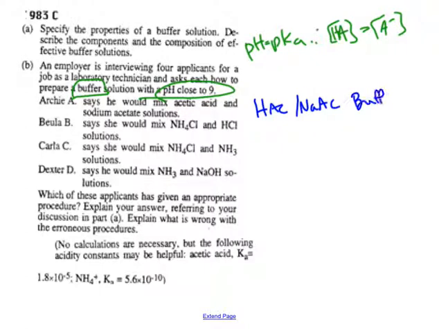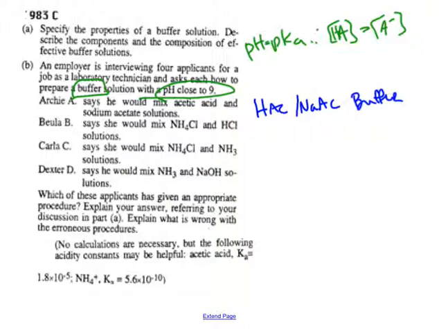I'm not mad at Archie. Then Beulah comes along. I feel bad for Beulah because her name's Beulah. Says she would mix ammonium chloride and HCl. What's wrong? You don't have a weak base.